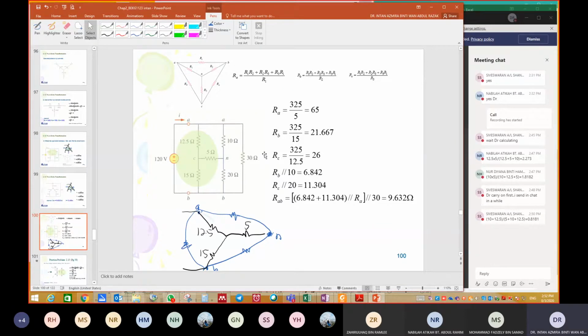So how to get RA? It is the summation of 12.5 times 5 plus 5 times 15 plus 15 times 12.5, divided by R1. Let's say we find here, divided by 15. 15 is RB.